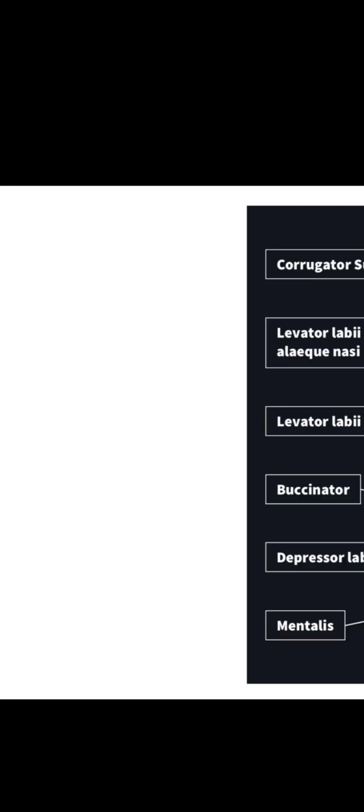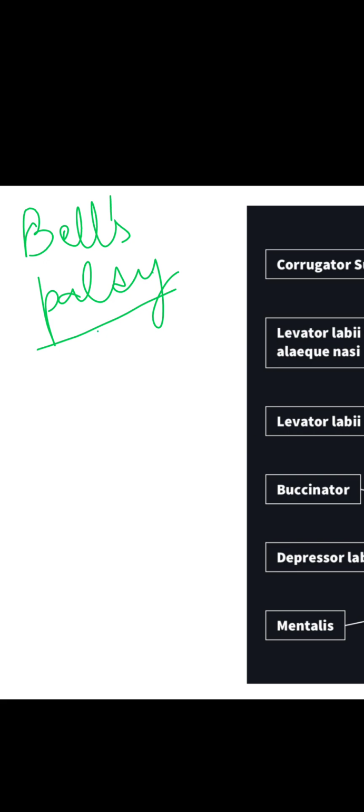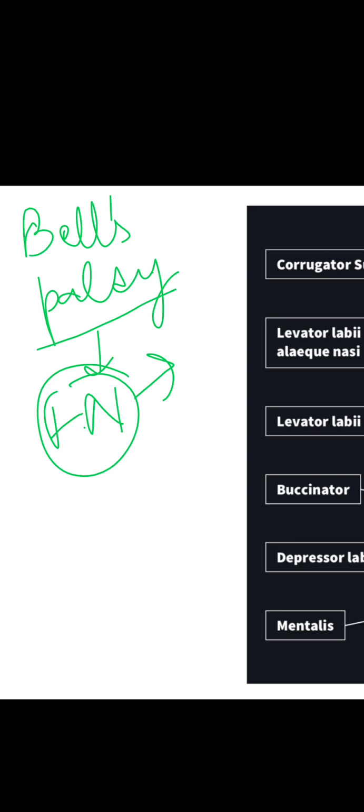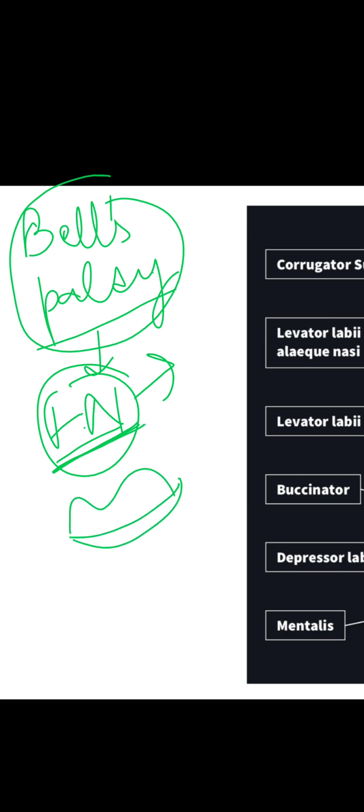Now, a very important clinical point to be noted here is that in patients of Bell's palsy, as there is facial nerve paralysis, all these muscles of the face, which are innervated by the facial nerve, won't be getting supply.